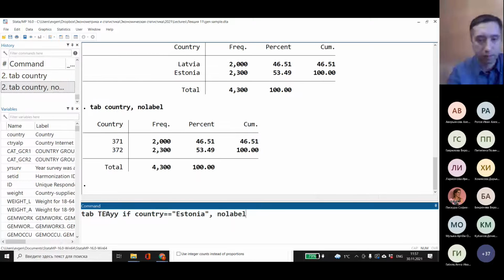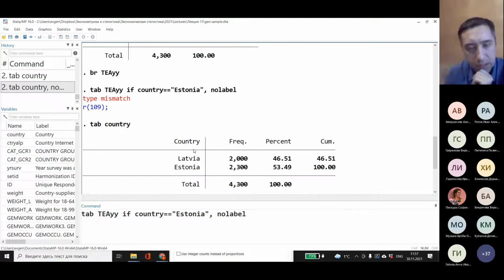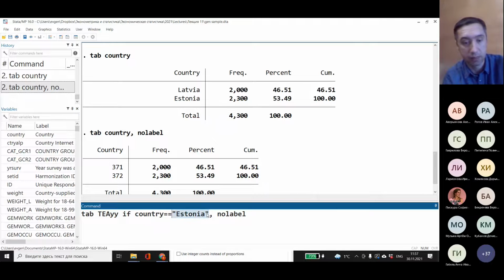Yeah, one important remark. Sometimes country names are string variables, as it is text information. Sometimes we need to look at value labels because it could be a binary variable, but codes are different. Look, instead of Estonia, I have to type 372.